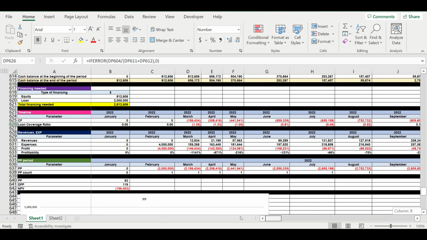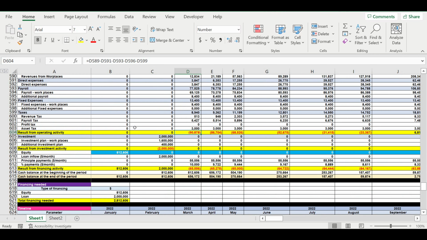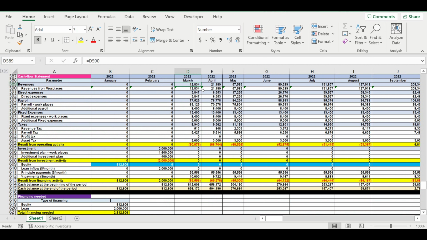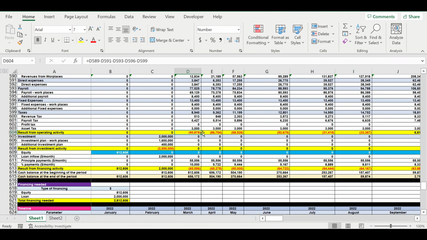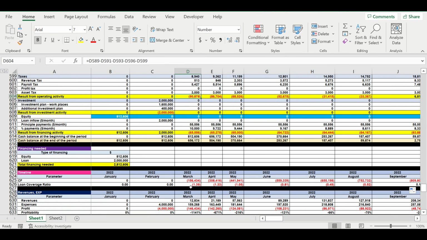If the loan coverage ratio is negative, this means that we have operating losses at this moment. We don't have an operating profit at all. Operating profit is revenues minus direct expenses minus payroll minus fixed expenses minus taxes, and this is the operating profit. So if the operating profit is negative, then the loan coverage ratio will be negative as well.